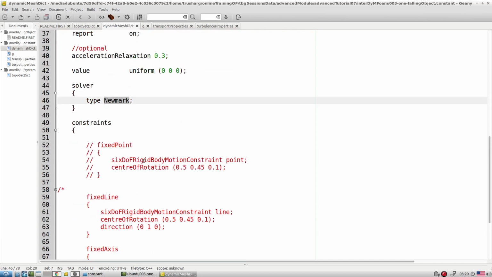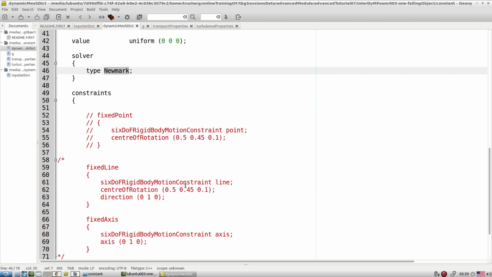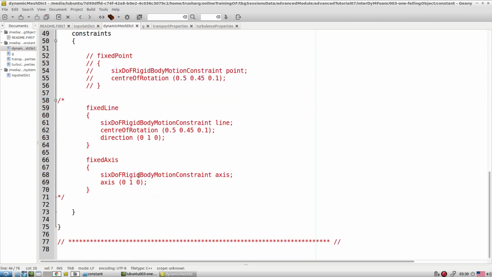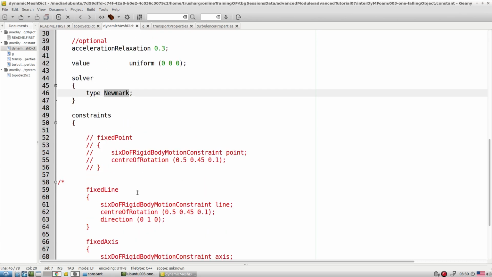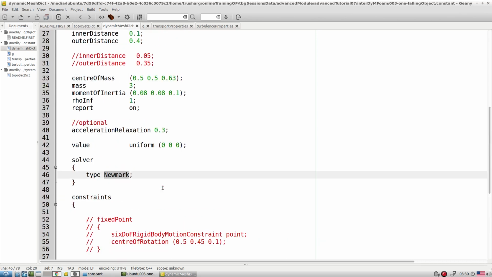If we want to constrain the motion in one particular direction, let's say we don't require the motion in the X and Y directions, but we require motion only in the Z direction, so we can fix the motions. In the same way we can fix the axis for the angular motions. With this you can fix that it will rotate about only one particular axis. All these things you can constrain whatever we require from this area.